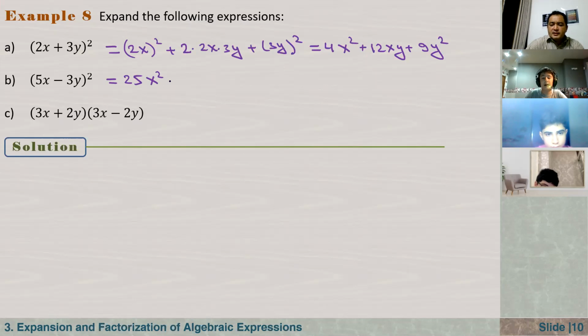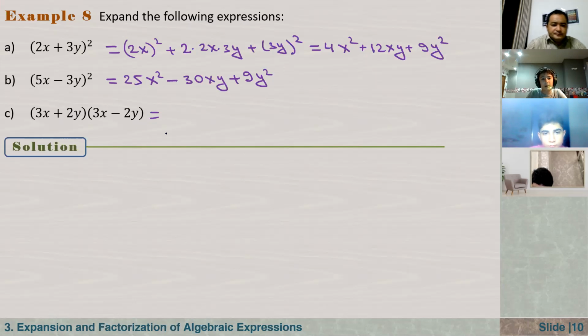Plus or minus? Here it is minus. 10x or 50? Are you sure? 2 times 5 times 3, it is 30, right? Yeah, oh yeah, okay. 30xy plus 9y squared.